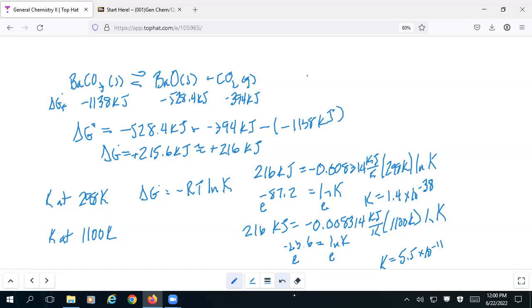Now, what we'll notice is that these calculations are going to have some wavering. We're making a pretty big assumption that the standard free energy change is going to be consistent, that it's going to be unchanging with drastic changes of temperature.